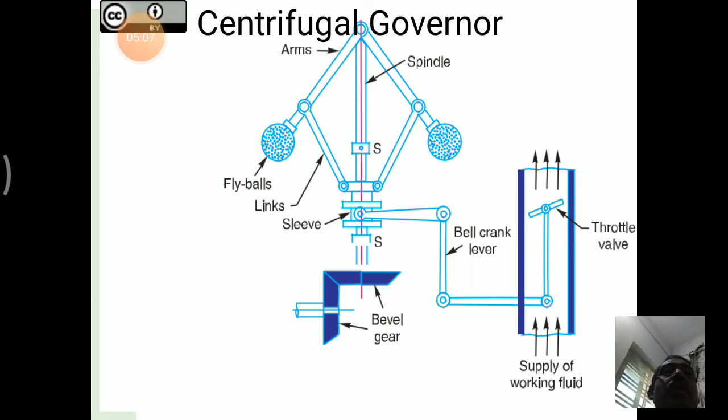In this way, this centrifugal governor works. So we can increase or decrease the fuel or fluid supplied to the engine by means of this centrifugal governor, and hence we can control the speed of the engine. So in this way the centrifugal governor works.